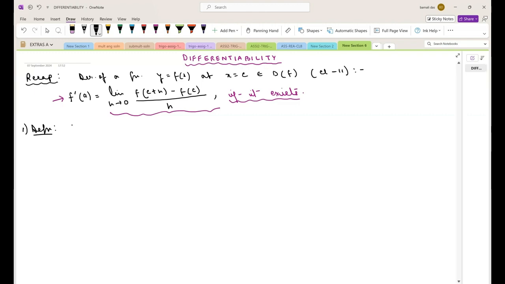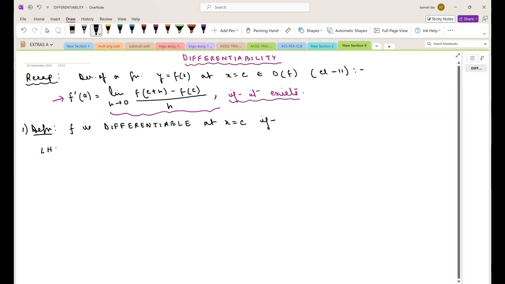So I simply write that f is differentiable at x equal to c if the left hand derivative, that is, we break the above limit into two different limits, left hand limit and right hand limit, and the left hand limit we call left hand derivative.